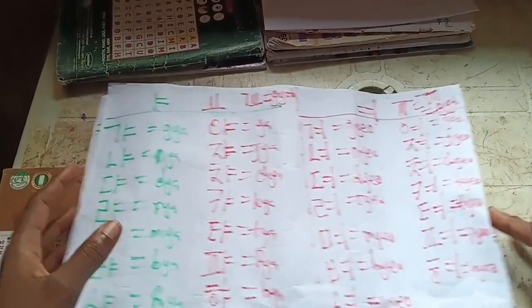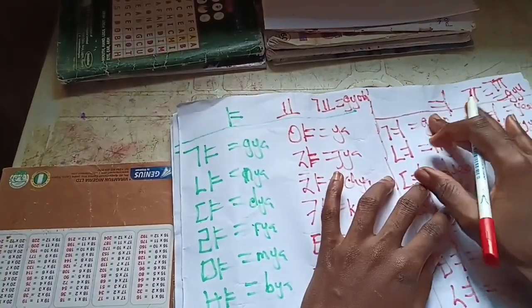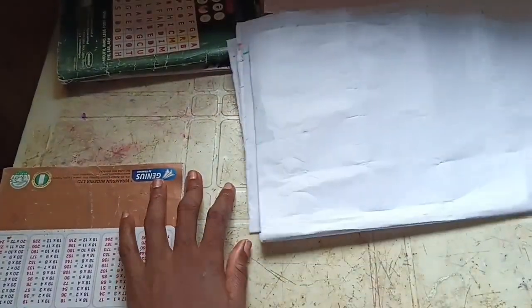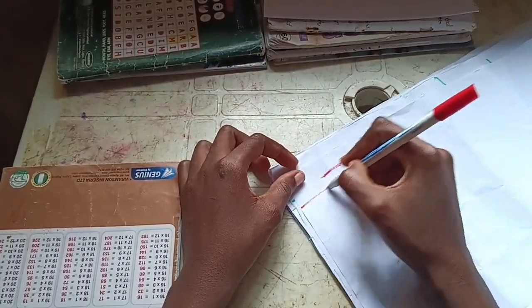If you can remember what vowel you're using, the sound, the pronunciation, it will be easy for you to know how it is pronounced. Now, since we've learned 8, let's move on to the U vowel.